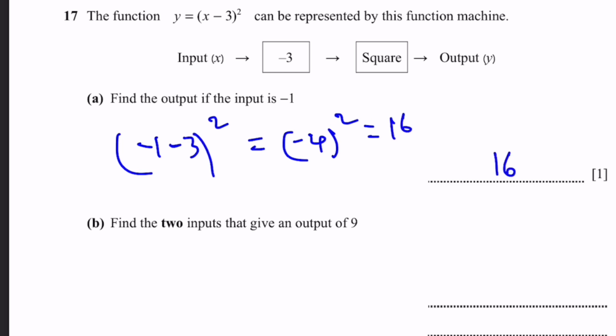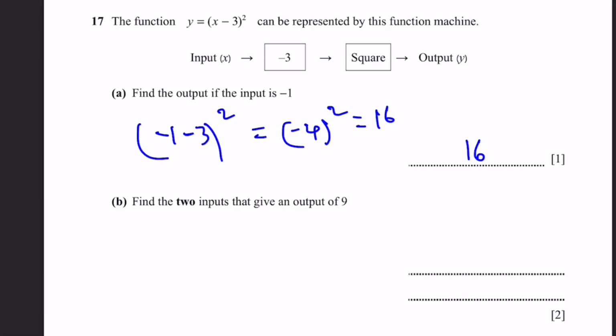B. Find the two inputs that give an output of 9. So y is equal to (x minus 3) the whole squared. Input is x. That means (x minus 3) squared equals 9. Now if we take something and square it, we get 9. That's equal to 3 or minus 3.